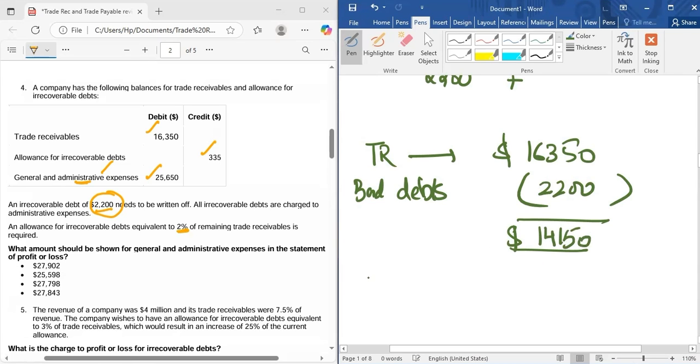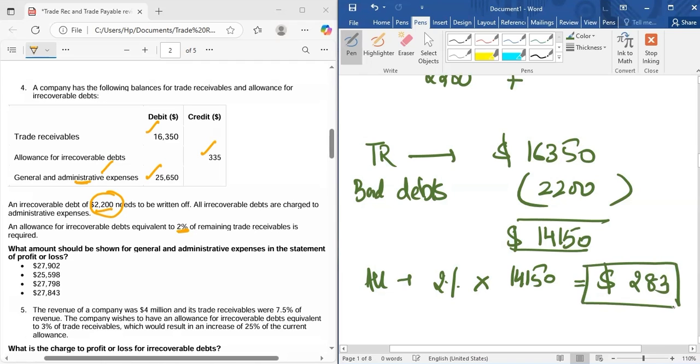Now allowance of 2% would be made on this amount. 2% of 14150. When you calculate this, this would be $283, right? So this is our allowance. But see, there's something different in this question from question number one.